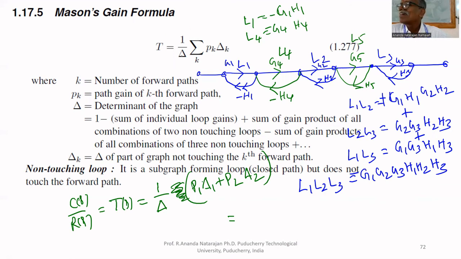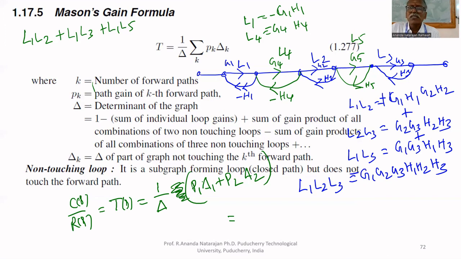How many two non-touching loops? L1, L2. In this case, let us check. How many non-touching, two non-touching loops? Gain products of L1, L2, L1, L3. Am I correct? Plus L1, L5. That is also not touching.